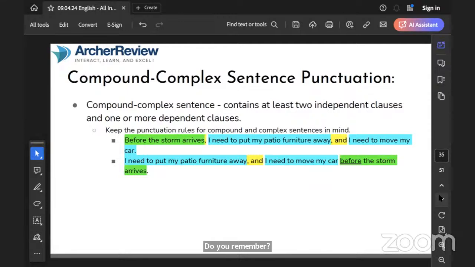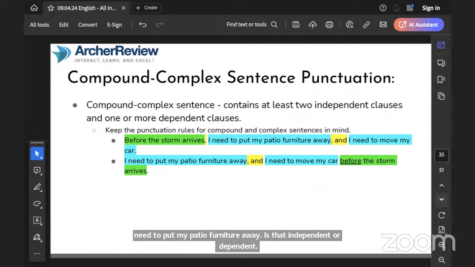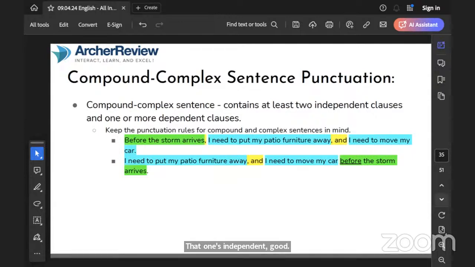Exactly. That is dependent. Okay. "I need to put my patio furniture away." Is that independent or dependent? That one's independent. Good. So because I have a dependent clause coming before an independent clause, I have to put the comma in between those two.